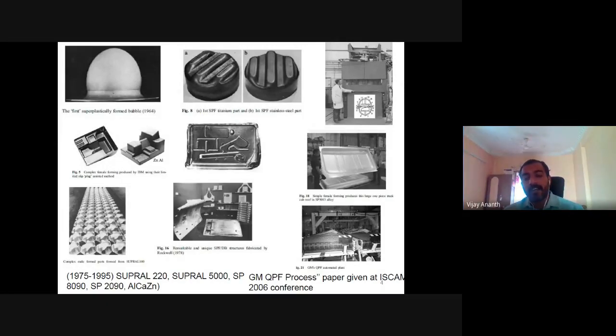Normally they have formed many components with the help of superplastic forming. Because they are automakers, right? These automakers use superplastic forming, right? This is a lid used in the automobile industry for trucks. The truck top body, in the cabin top, is made with superplastic forming using aluminum 5083 alloy. So this is a brief history of our superplastic forming process, right?